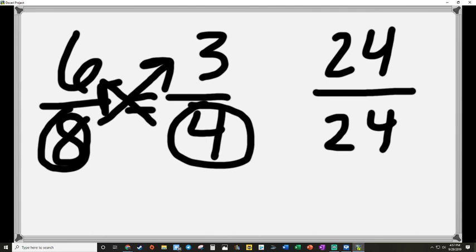Something that could come up when you're dealing with proportions is this. If the relationship between two numbers is given and an equal relationship needs to be found, you can set up a proportion to solve the problem.